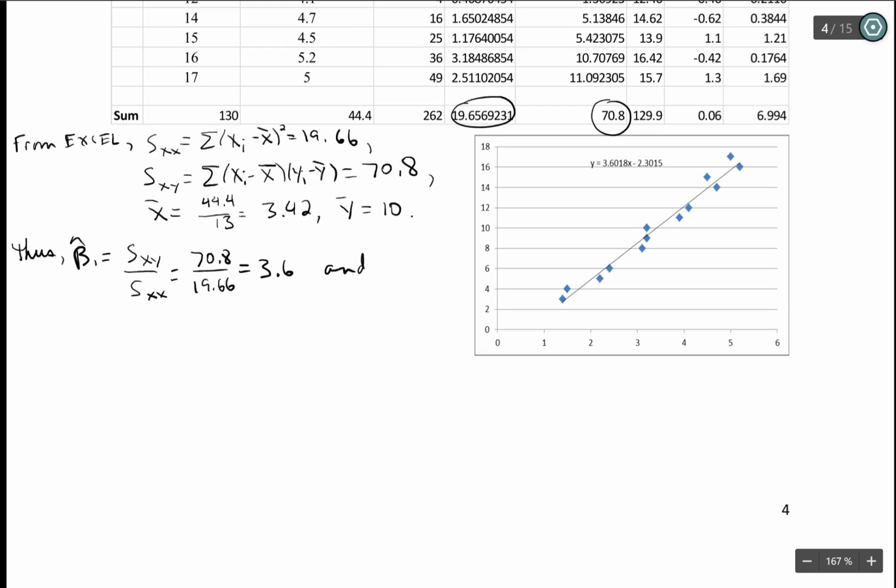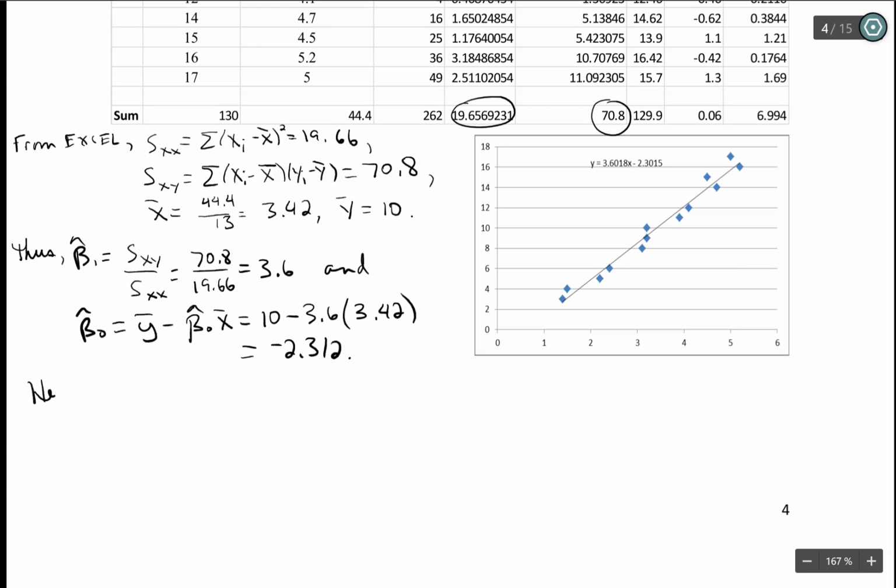And beta 1 hat is the slope estimate, beta naught hat is the intercept estimate: y bar minus beta 1 hat times x bar. That's going to be 10 minus 3.6 times 3.42, that's x bar there. You do the arithmetic and you get negative 2.312.